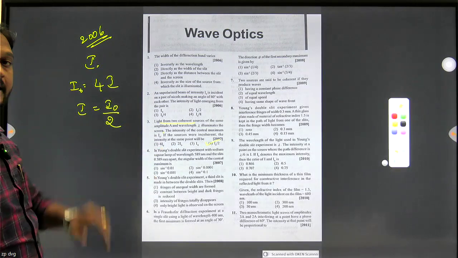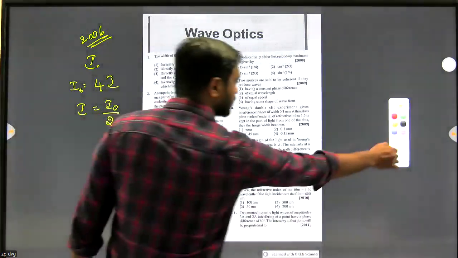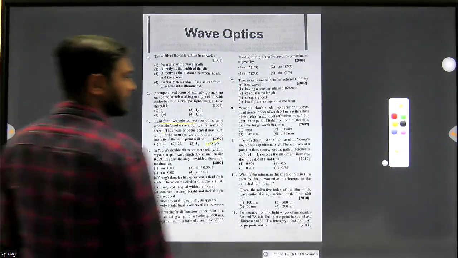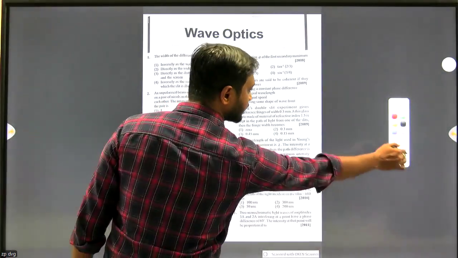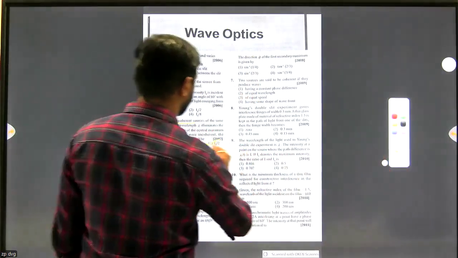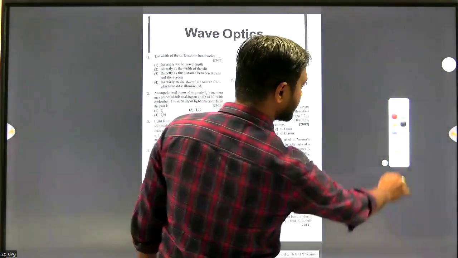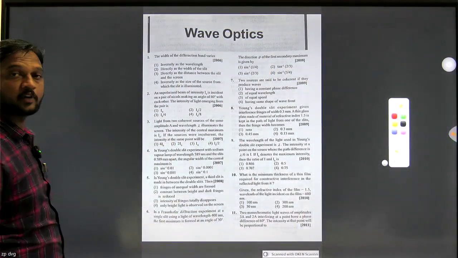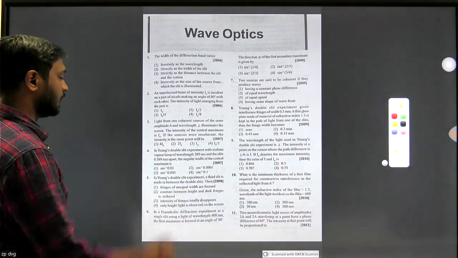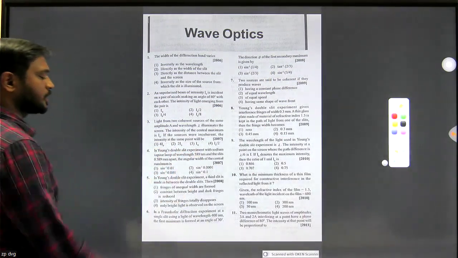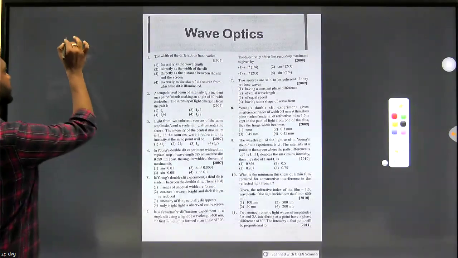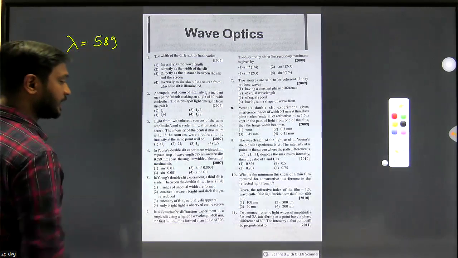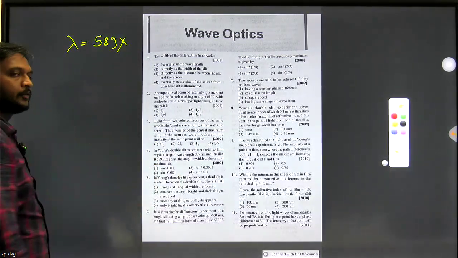In Young's double slit experiment, already you know the formula. In Young's double slit experiment with a sodium vapor lamp of wavelength 589 nanometer, what is the value of nano?